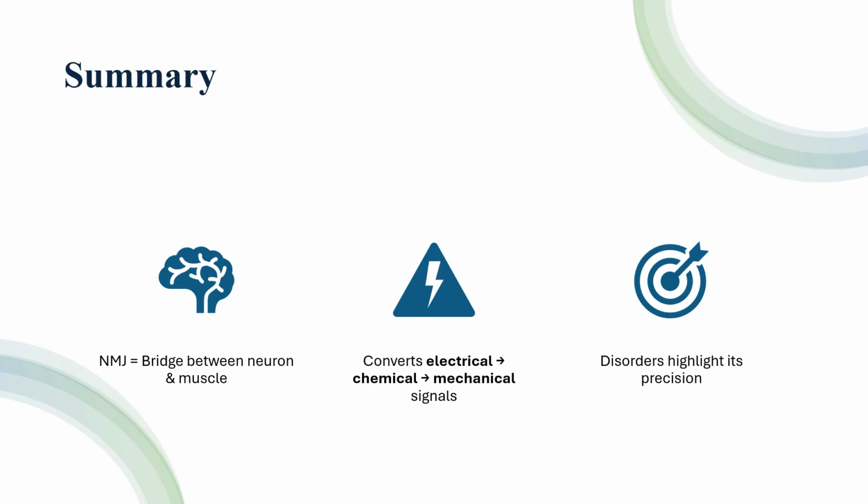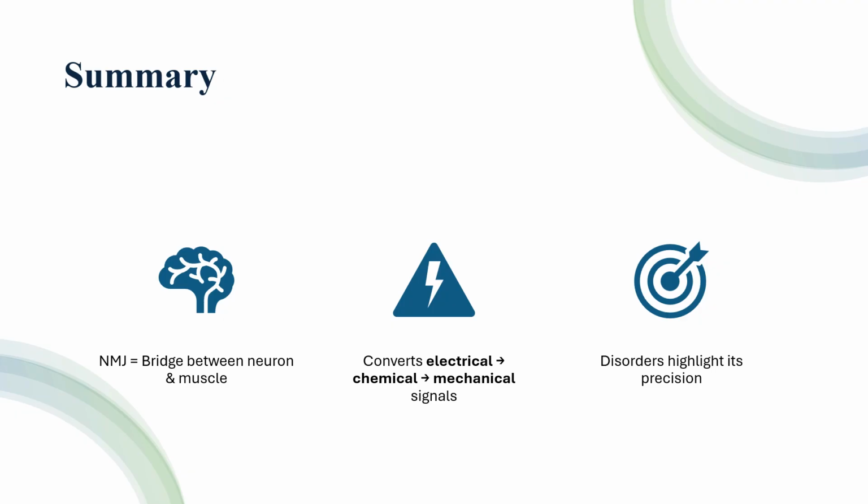Here, the impulse transforms into a chemical message through the release of acetylcholine. Acetylcholine diffuses across the synaptic cleft and binds to nicotinic receptors on the motor end plate, opening ion channels that allow sodium ion influx and generate the end plate potential.